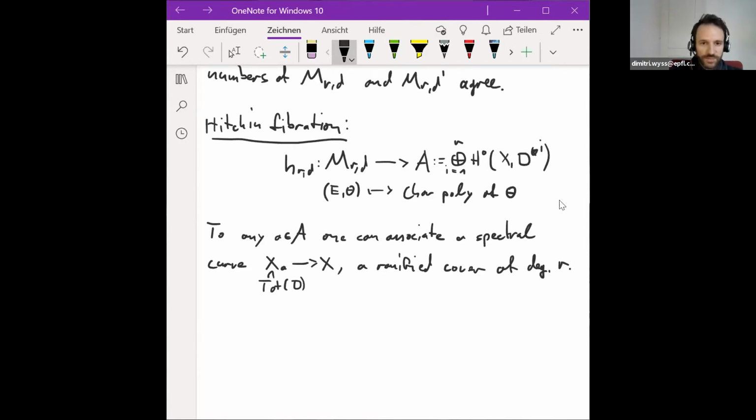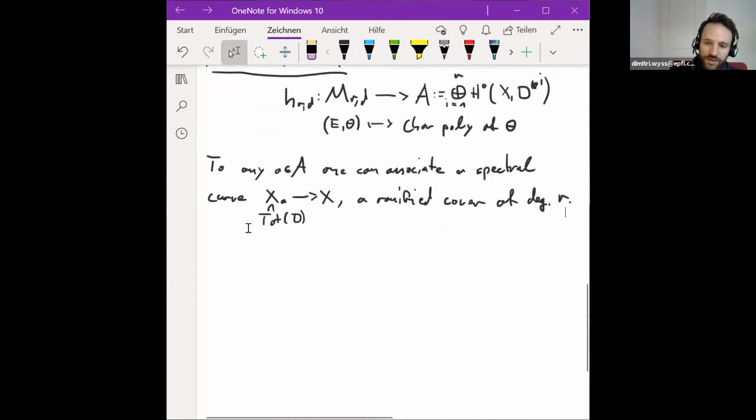And these R points correspond exactly to the roots of the characteristic polynomial you get by evaluating all these sections at a generic point of X that you chose. And then, of course, there are special points on X where the characteristic polynomial has multiple roots, and so you get in general a ramified cover of the curve.